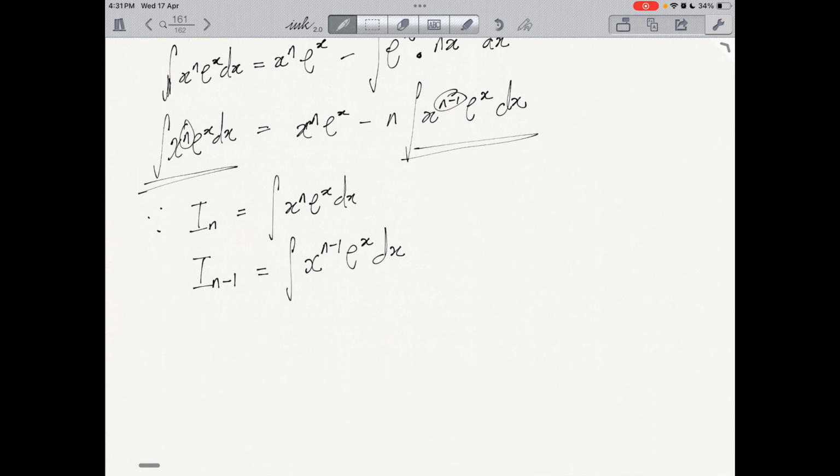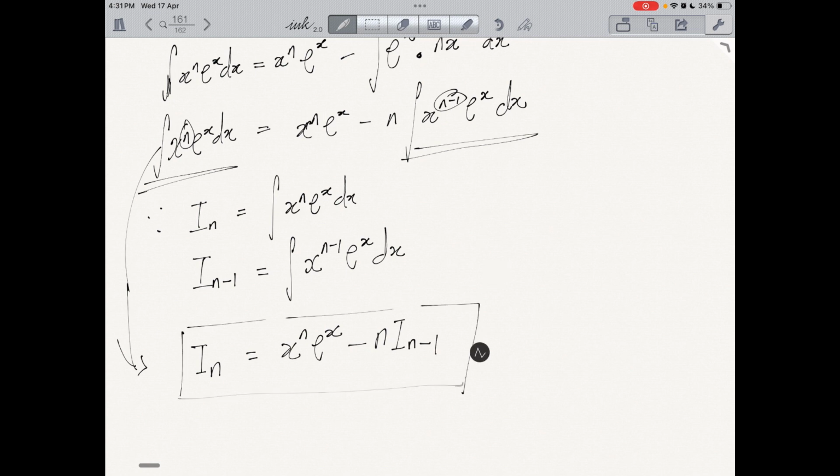If we make our substitution using In, we can see that In is equal to x raised to power n exponential x minus n times In minus 1. Now this formula here is called the reduction formula for the integral of x raised to power n exponential x dx.